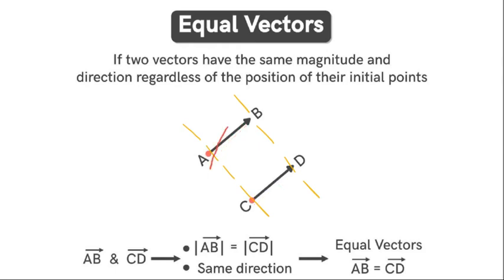Therefore I say the mod of AB and the mod of CD are equal. That means AB and CD have the same magnitude. Next, apart from this, AB and CD are pointing towards the same direction, so they have the same direction. So two vectors which have the same magnitude and same direction are called equal vectors.